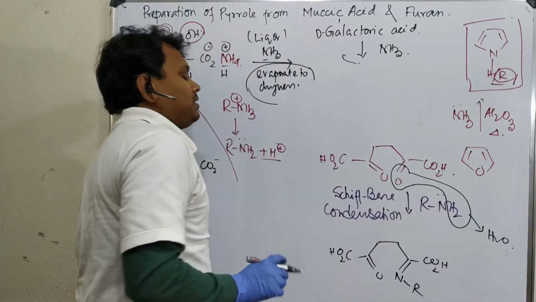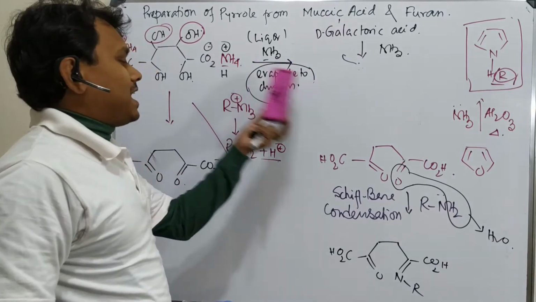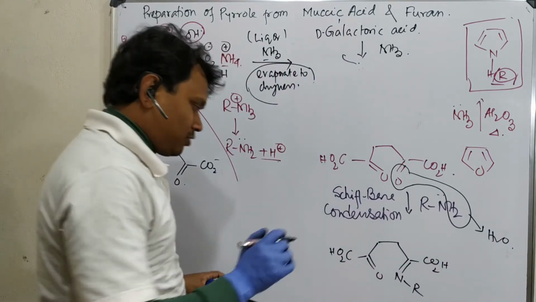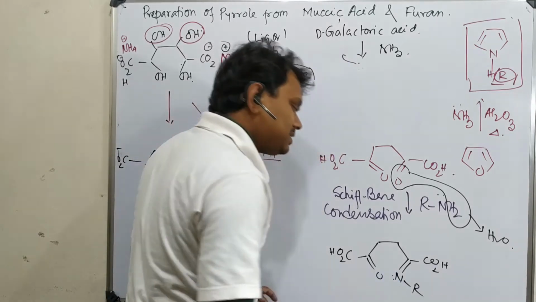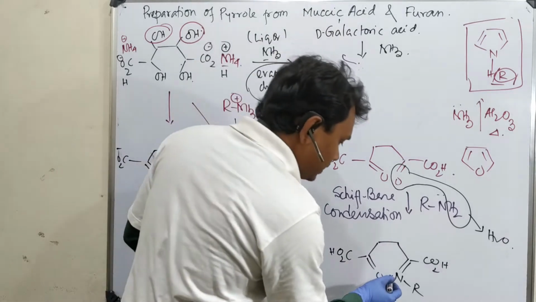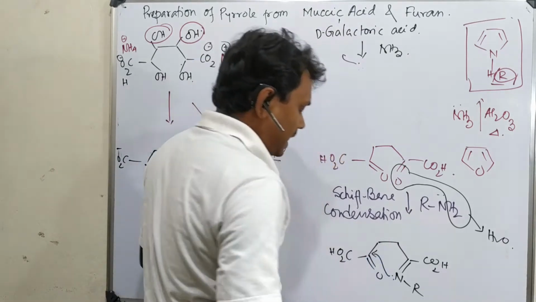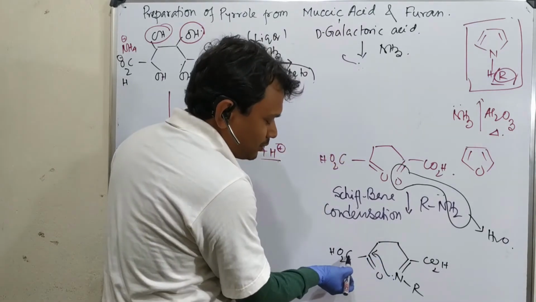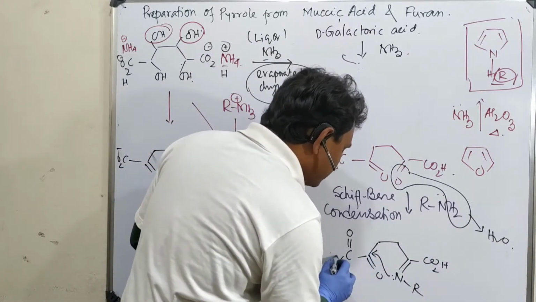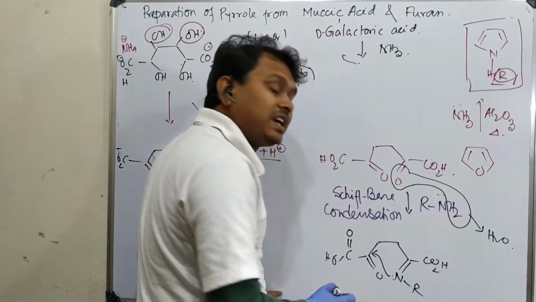Then don't you think that the other one could do this? Logically it is possible, they can, but compared to that, this nitrogen is nucleophilic enough that it can attack. And see, this is actually a dicarbonyl, because a 1,2 dicarbonyl group is present.